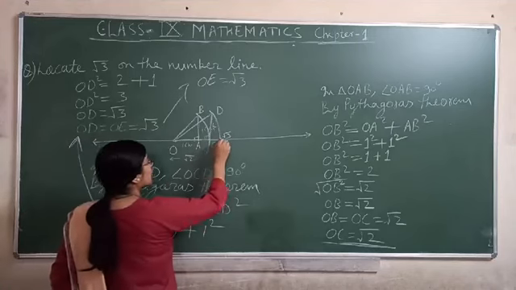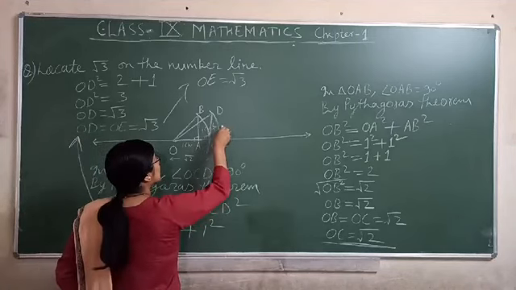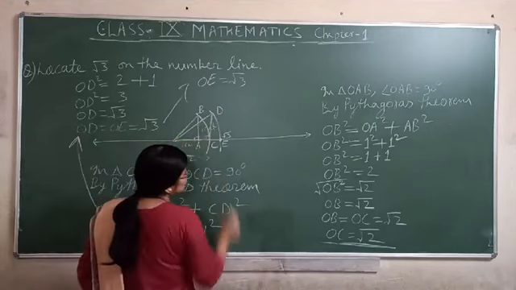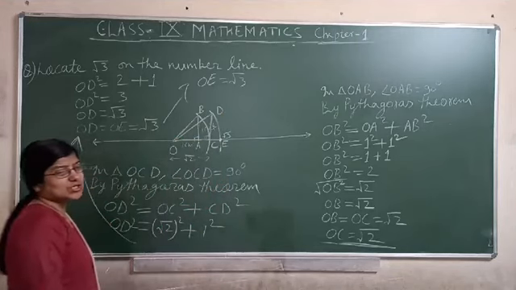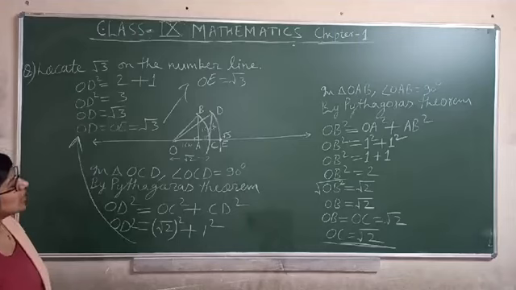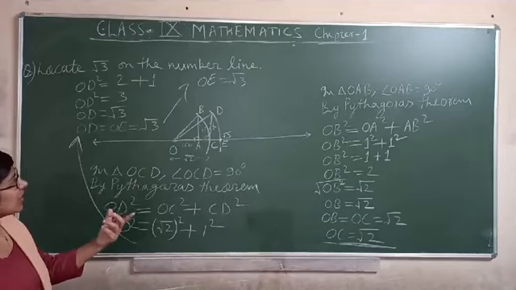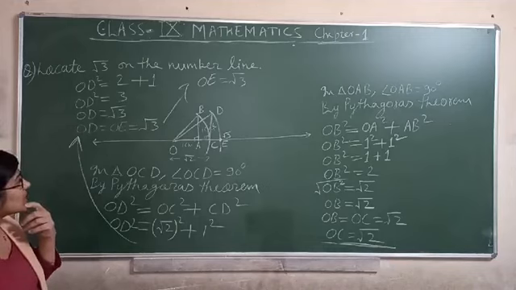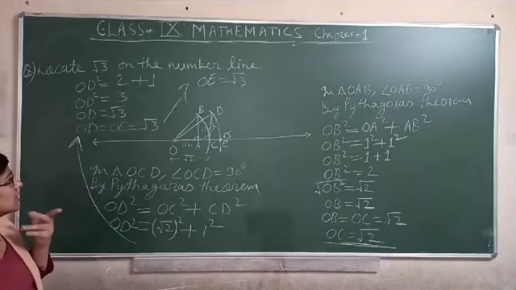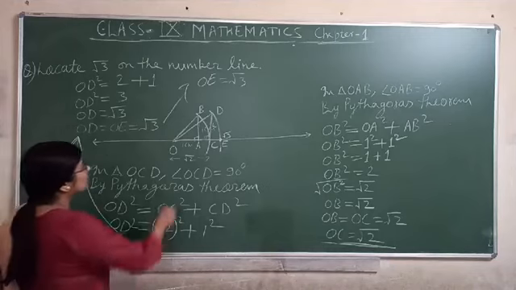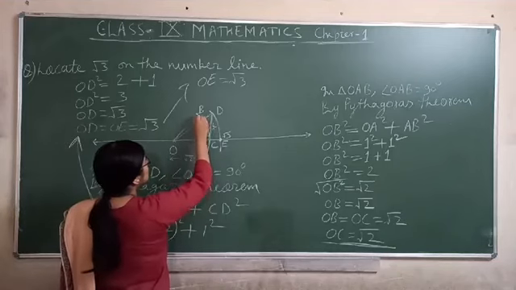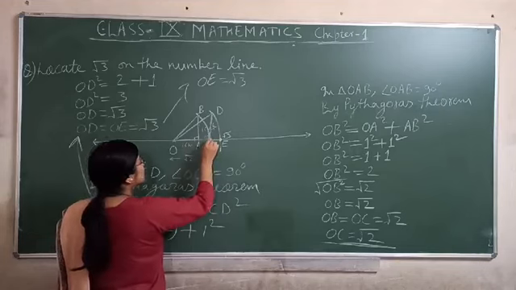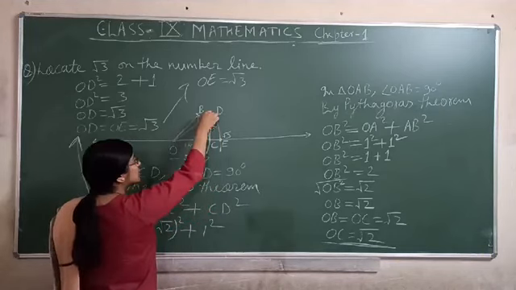Like that, again we will draw a 1 centimeter line here and join this to this. So you will get root 4, and root 4 equals 2. And after that, in the same way you will get root 5, root 6, root 7. So continuously we have to repeat these steps. Okay, first you have to draw root 2 on the number line, and from the point where you get root 2, draw a 1 centimeter long line.